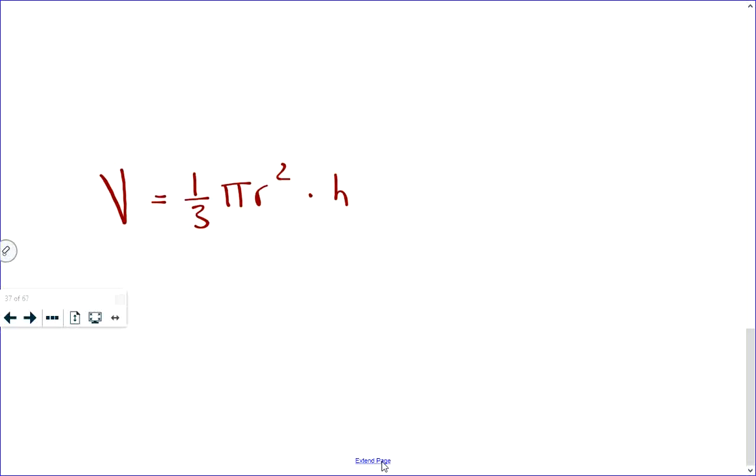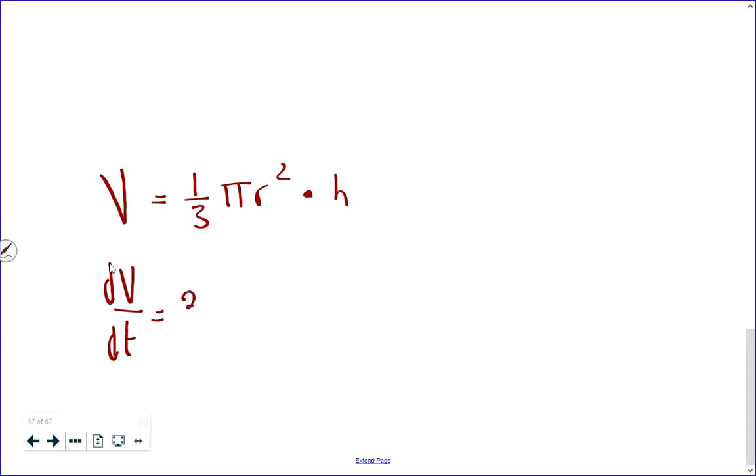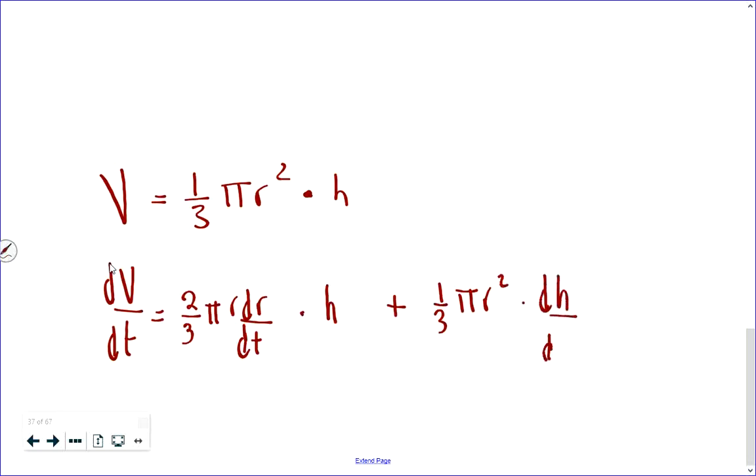So I get dV/dt equals, I have to use the product rule where this is the multiplication: the derivative of the first times the second plus the first times the derivative of the second. Are you with me on that product rule application there?